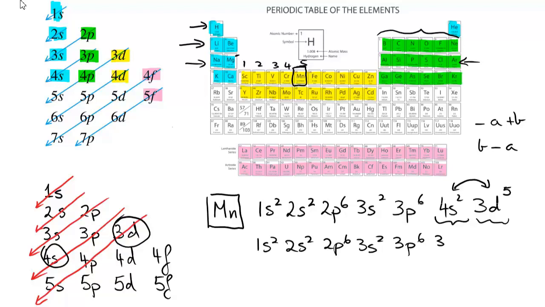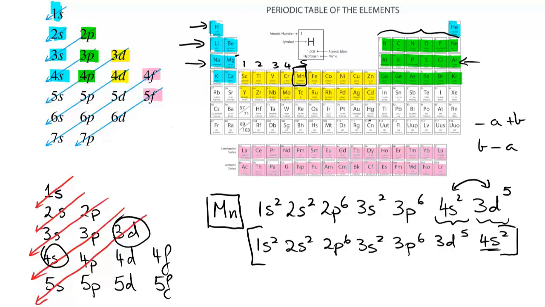This is how you would present your final answer, 3d5 and 4s2. So we know that the 4s gets filled in before the d, but we write it like this here. Okay, so that's the manganese electron configuration.